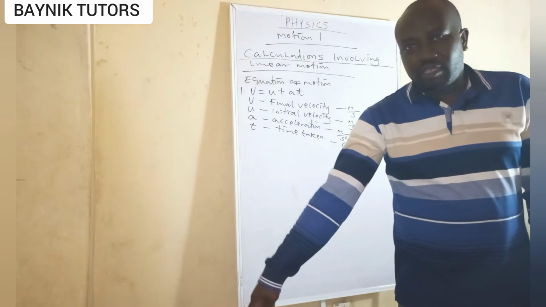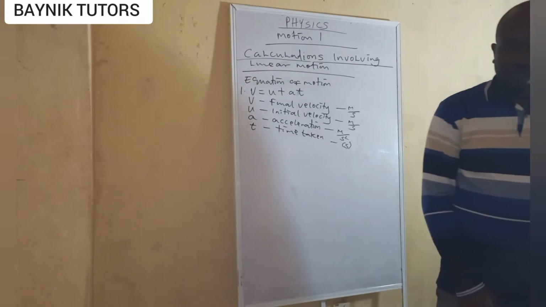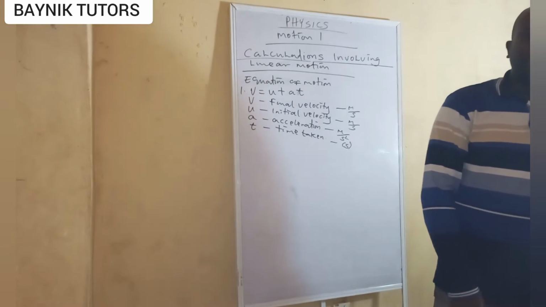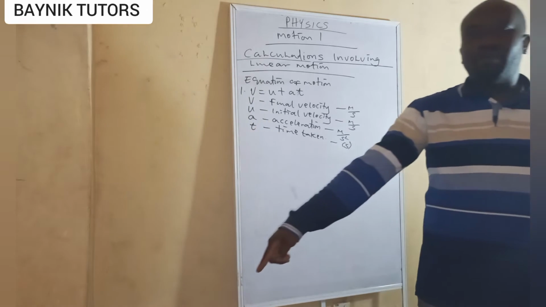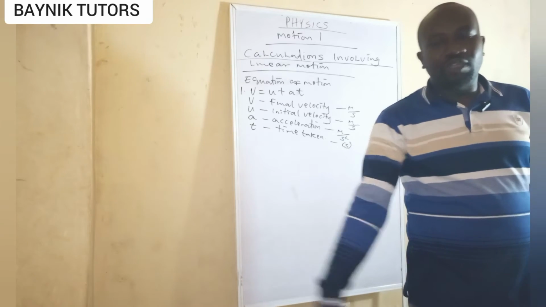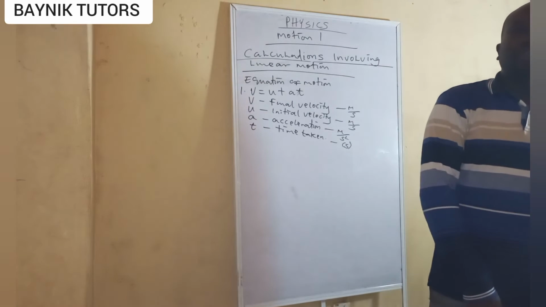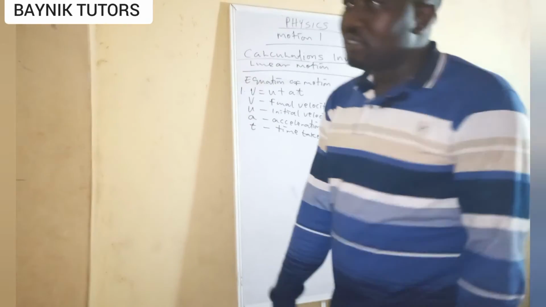The time I stood there is 0 seconds. When I got there, maybe I got there at 4 seconds, so the final time will now be 4. Do you get such illustration? So that's the basic thing.